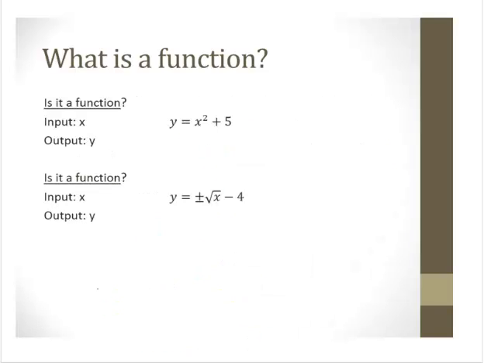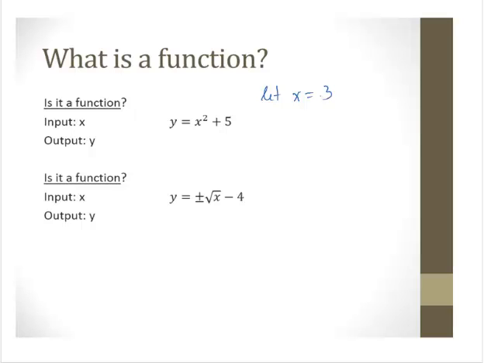Is it a function? If my input is x and my output is y, and we have y is equal to x squared plus 5, is it a function? So the question is, does every input have exactly one output? Well, let's take, for example, what if x was 3? How many outputs would there be for that input 3?